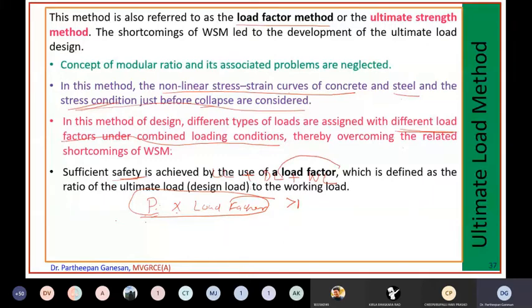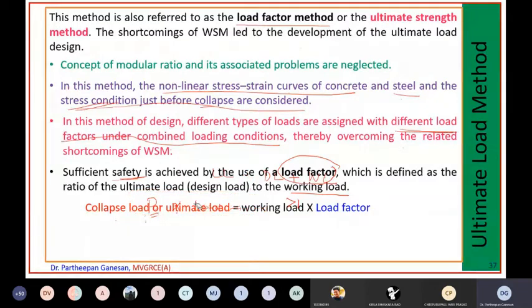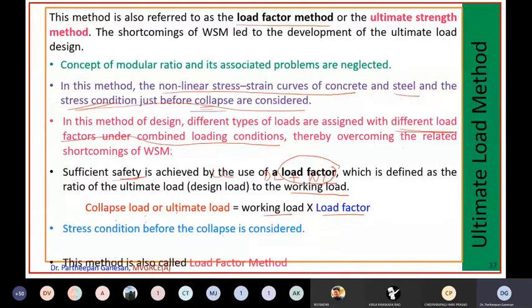Load factor is defined as the ratio of ultimate load or design load to the working load or service load. So collapse load or ultimate load is equal to working load multiplied by load factor. Stress condition before the collapse is considered. This method is called load factor method.